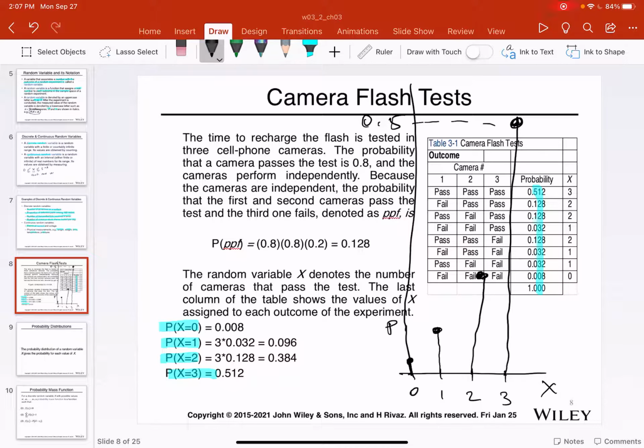So now I can plot P as a function, and that's why we are doing all of this. This plot that you see is called PMF, probability mass function. The formal definition is in a few slides. Any questions?